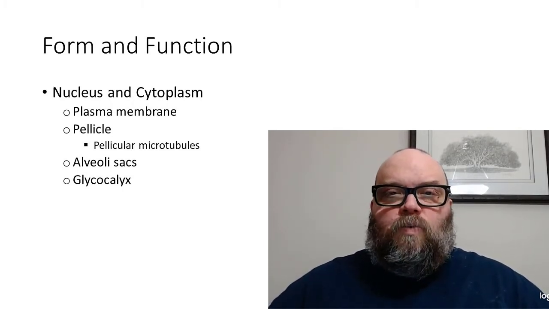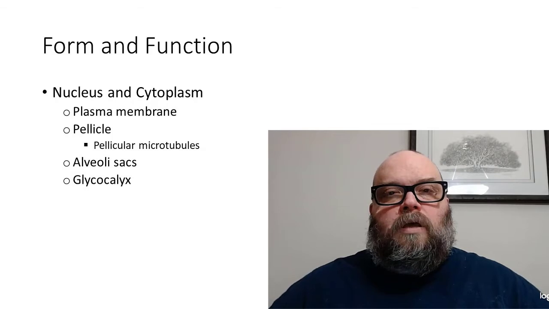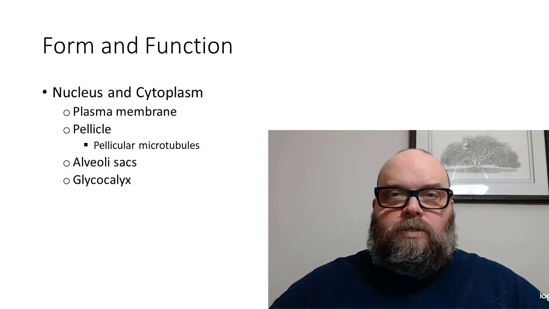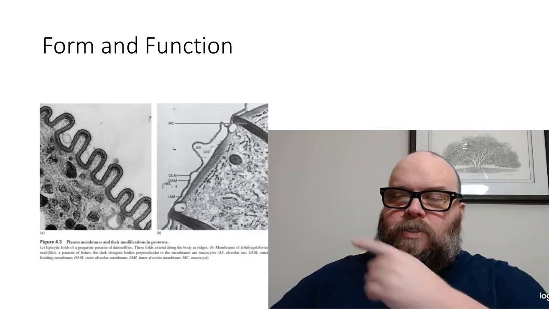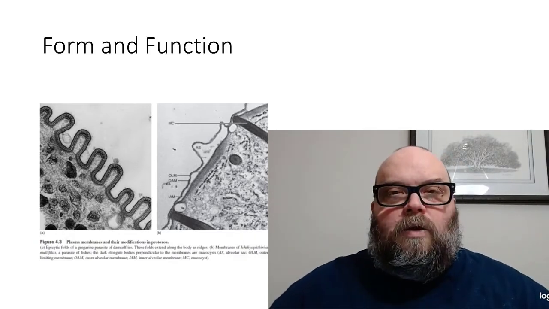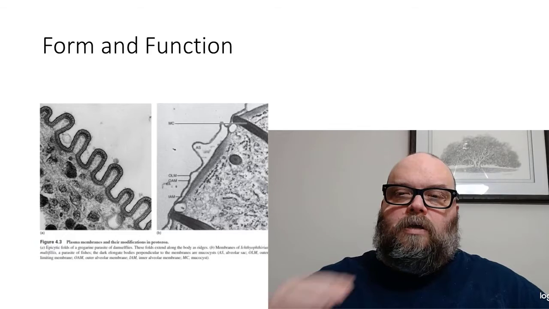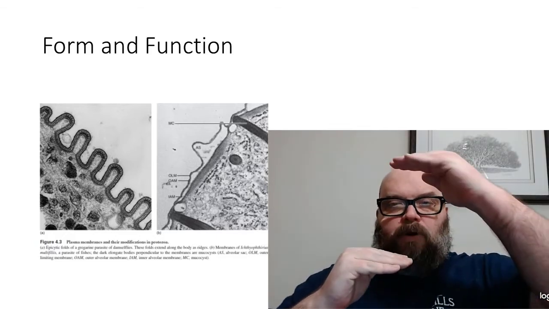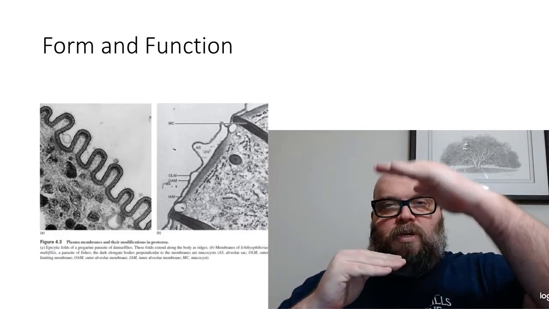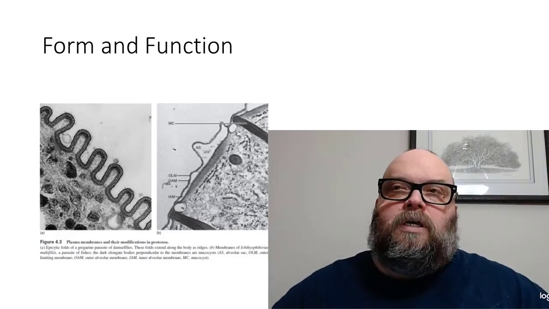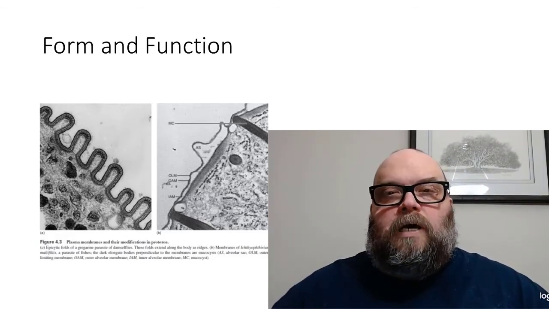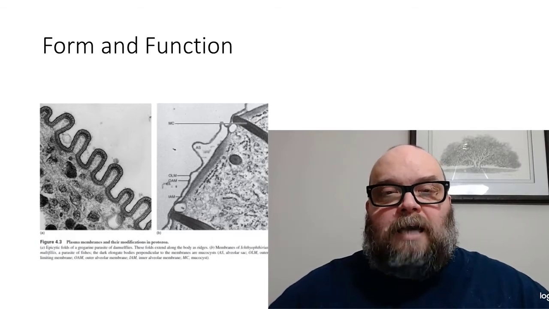Another thing we're going to see with these protists that we're not used to seeing and discussing is what we see here in the right-hand picture. You have the plasma membrane, you have a pellicle, and then in between you may have some other layers of membranes enclosing different regions that are referred to as alveolar sacs.